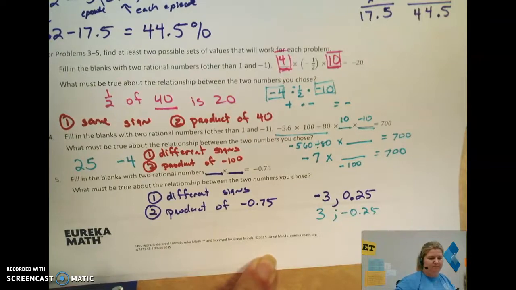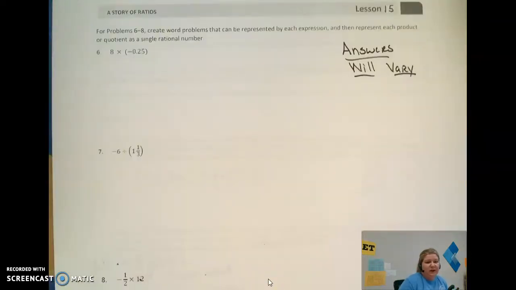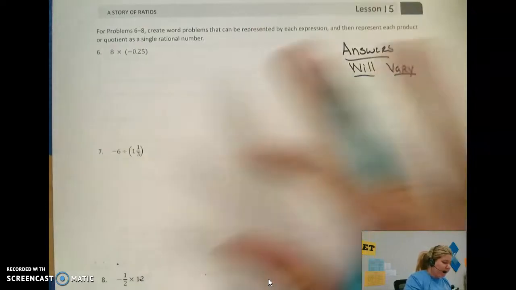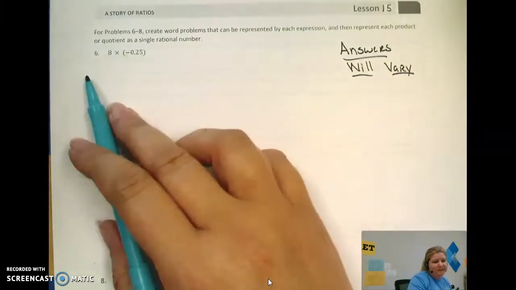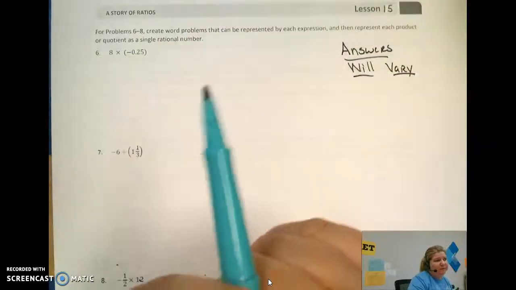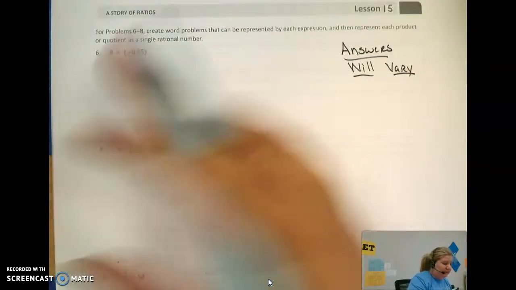Next page. On this page, you are actually creating word problems, and then you're going to represent each product as a quotient. Okay, so your answers will vary for your word problems. Maybe I borrowed 25 cents from my mom every day for 8 days.